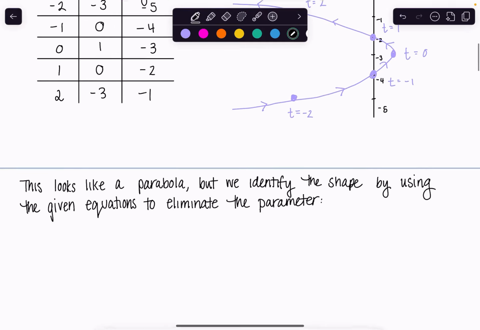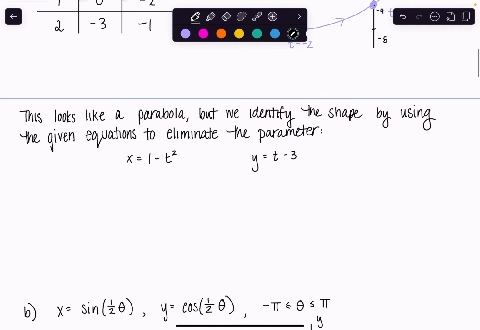So I'm going to go ahead and rewrite our equations here. My x is 1 minus t squared. My y is t minus 3. So within these two equations, I could solve for t pretty nicely here, and then I'll plug it into this one.